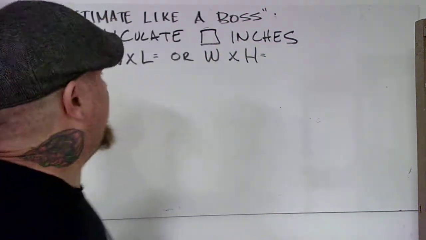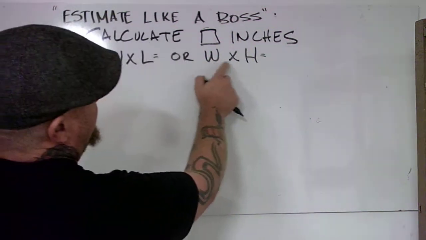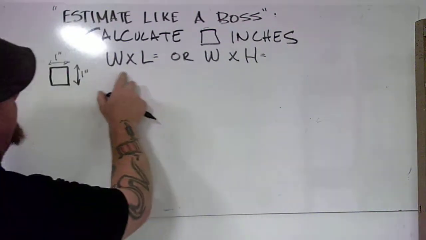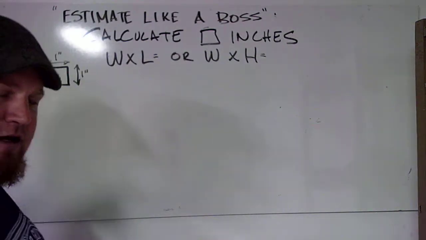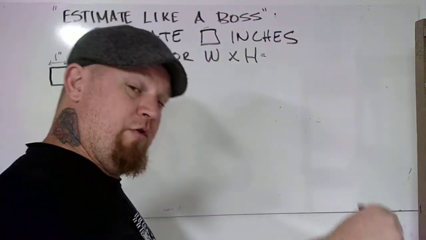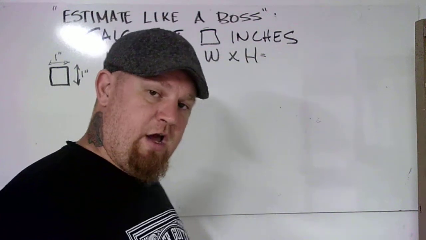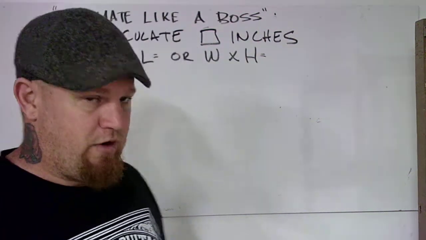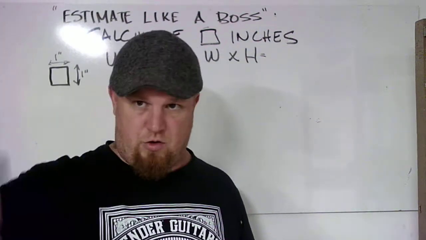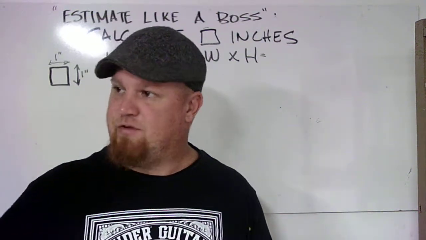Up here we have width times length, or width times height. For example, if we were calculating the square inches of a piece of wood, we would measure the piece of wood one direction, and then measure it in the other direction. For a floor, we would measure the longest point, that would be the width, and we would measure the opposite length of the room.